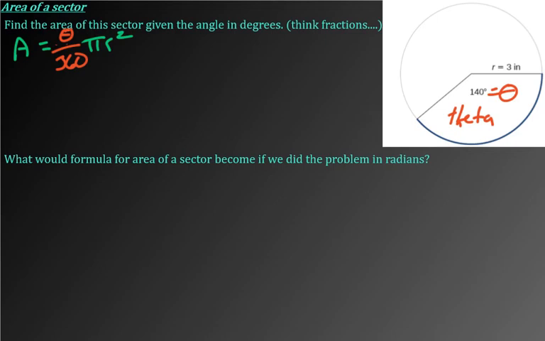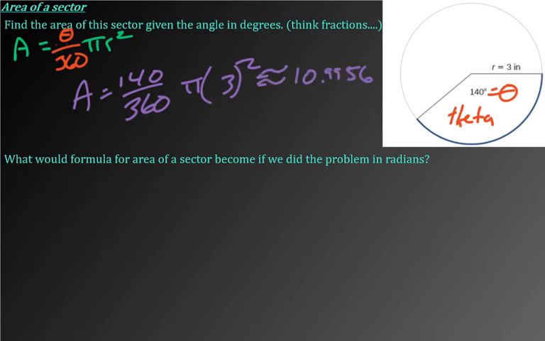In this problem, if you do 140 over 360 times pi, and the radius is 3, and plug that into a calculator, you get approximately 10.9956 inches squared. So that's the area of that sector.